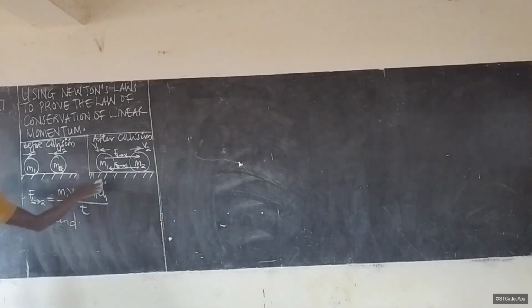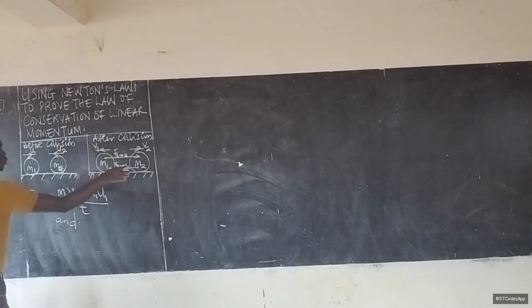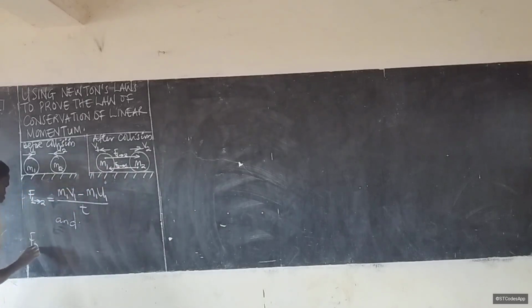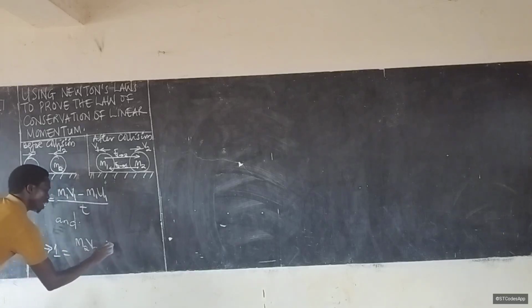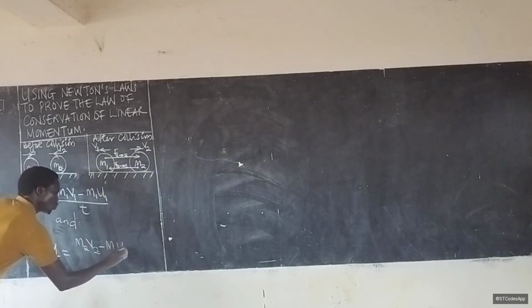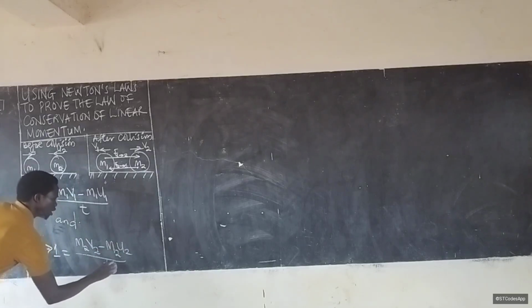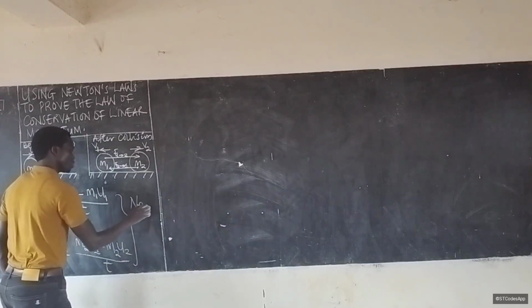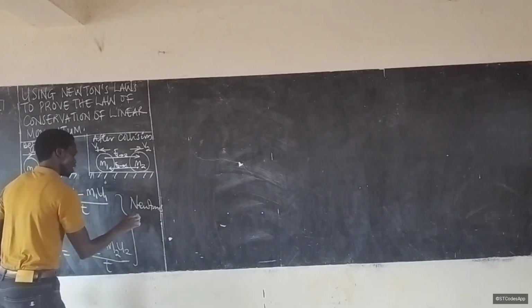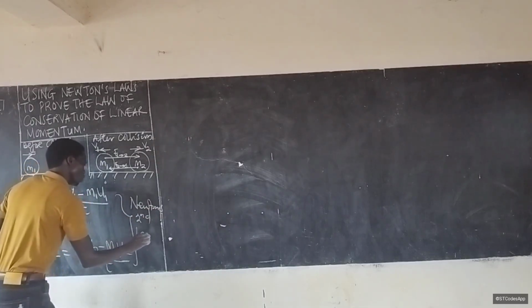The next is the force applied by body m2 on m1. F2 on 1 is got by m2 v2 minus m2 u2 over t. This is where we have used Newton's second law.